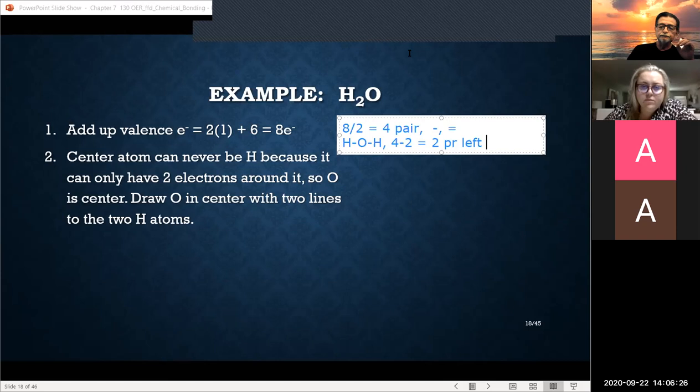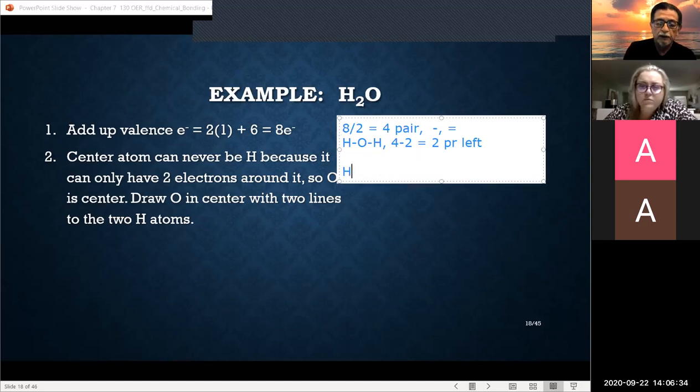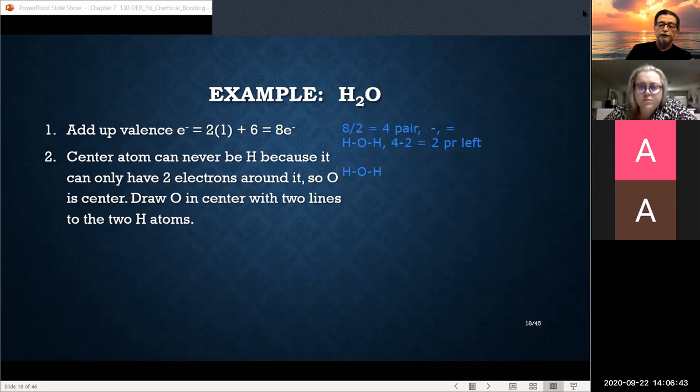And so we put, let me see if I can draw this. Okay. Let me separate there. So that's the formula I wrote that took care of 2 pairs. I got 2 pairs to work with. Okay. And so I got to put them someplace, and I can't put them on my hydrogen because the hydrogen duet is full.